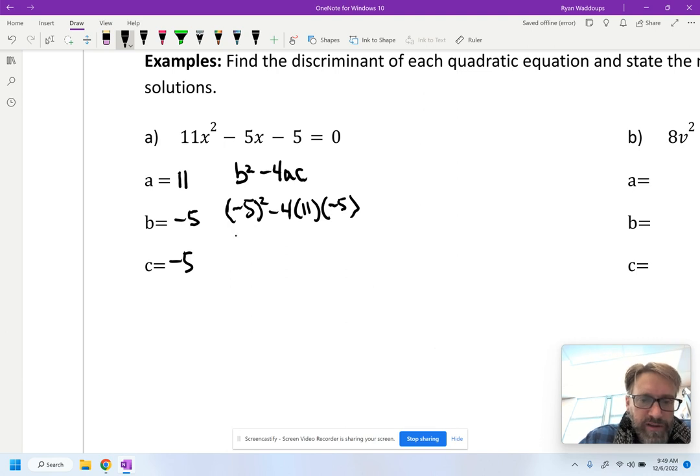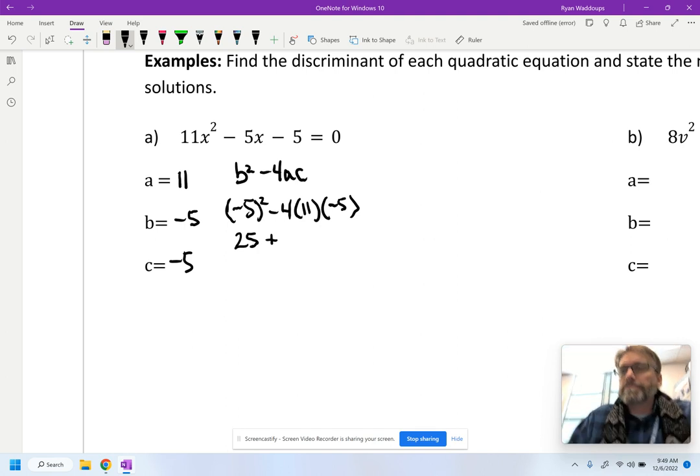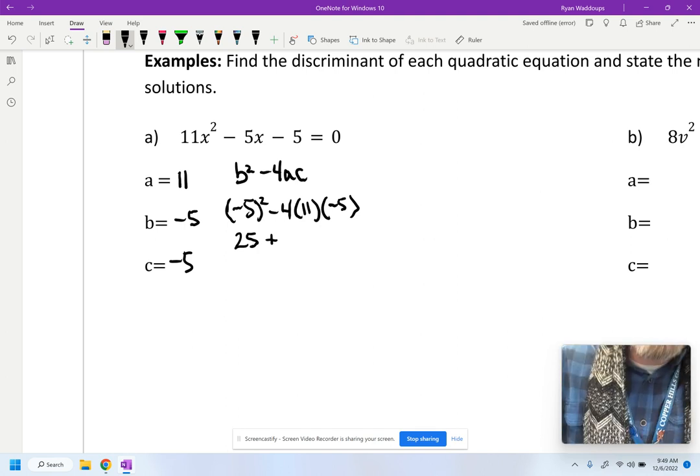Negative 5 squared is 25. And then negative 4 and a negative 5, those cancel out. You get plus. And 4 times 5 is 20 times 11. Grab my calculator.